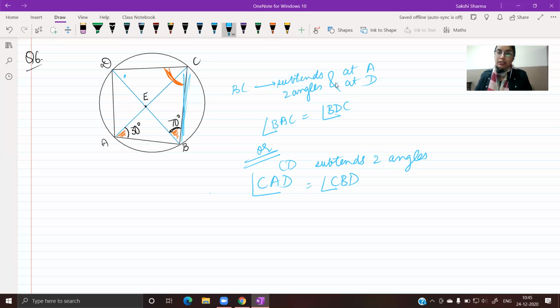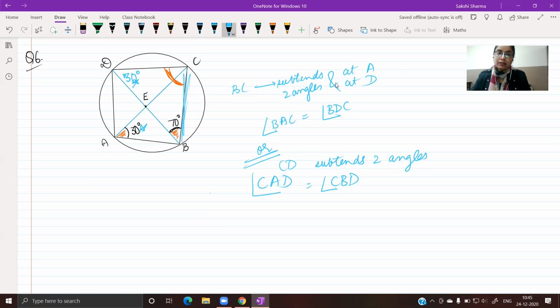So you can use either of the two relations and then you will be able to see what will happen next. First of all, we observe this, either the first one or the second one. So Saloni has actually mentioned both. I think Taranpreet has also mentioned the second one, that we can say that angle BAC is equal to angle BDC, so this angle becomes 30 degrees.